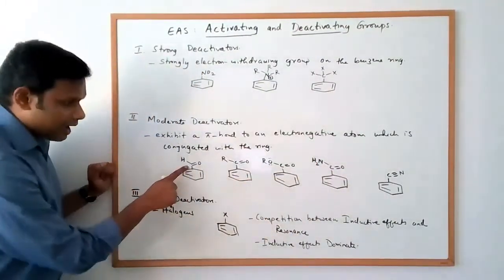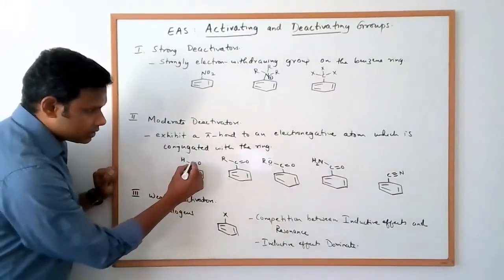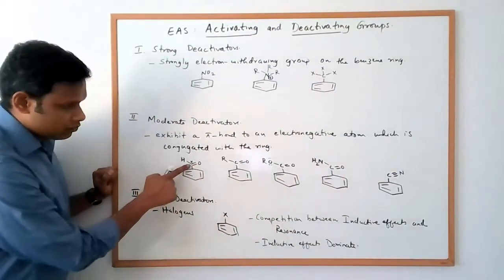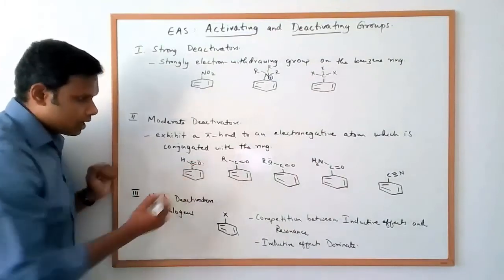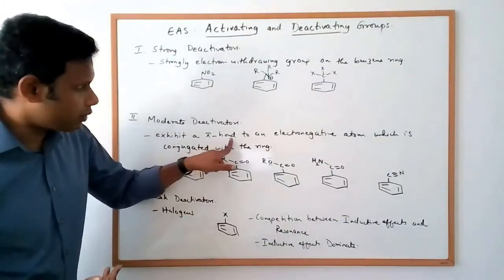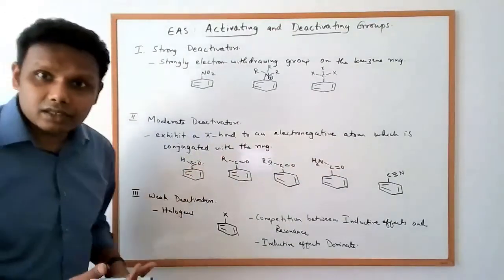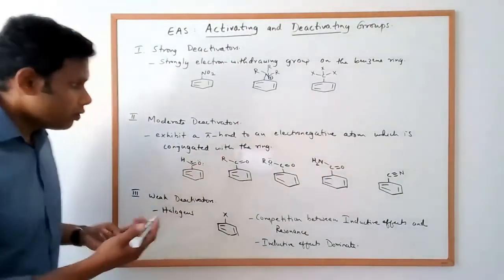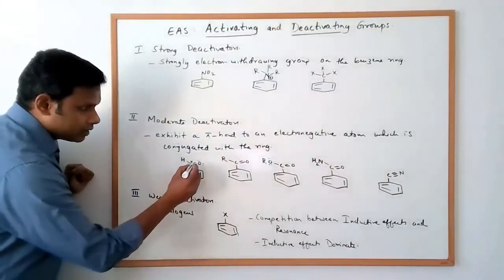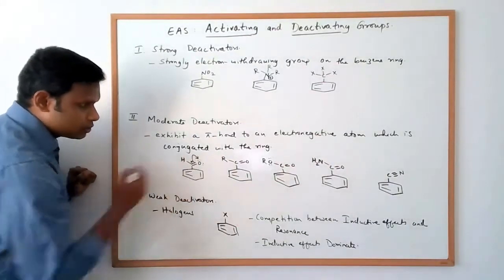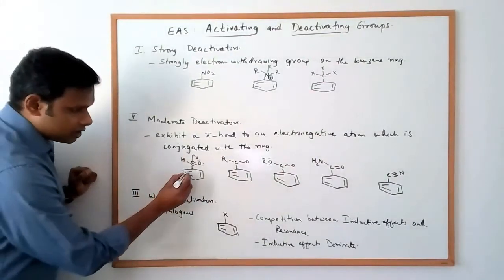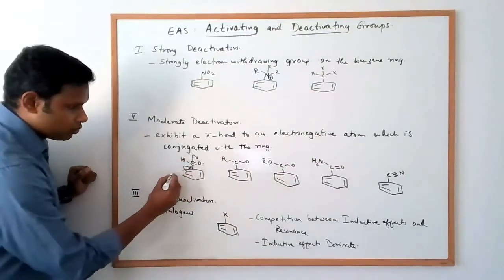So when you have an aldehyde, what you notice is at the benzylic position, we have a pi bond to an oxygen atom. So we have a pi bond to an electronegative atom, and this pi bond is conjugated with the ring. What do we mean by that? I can take this pi bond and push the electrons over, and simultaneously I can take this pi bond and move it over.